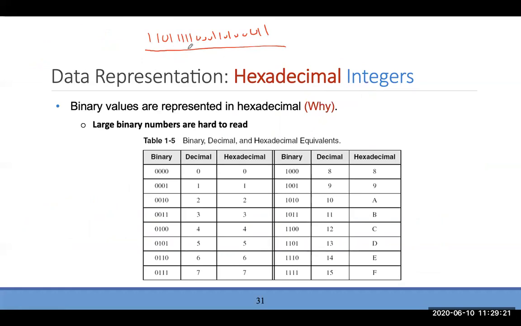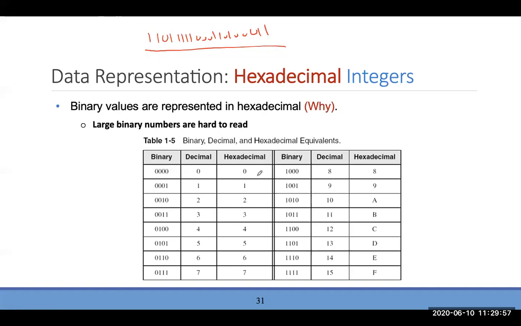If we want to really make them easy to read, because this number is really large, we need to use the hexadecimal because the hexadecimal reduces the long binary integers into a smaller one. Why is that important? Because when you need to address a memory, it usually has a size of 4 billion, to more nowadays, terabytes. And if you want to use the binaries, it's going to be a really long string. You cannot even present it in a debugger or in a software. So you have to reduce that length using a hexadecimal system.